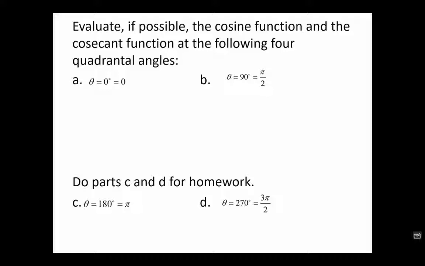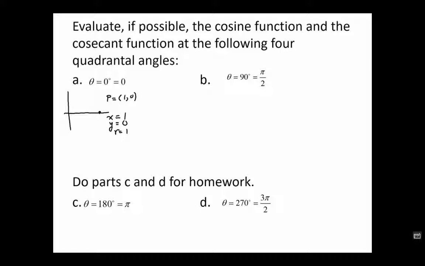So theta is 0 degrees, of course. The terminal side is along the positive x-axis, and our point P has coordinates 1, 0. So x is equal to 1, y is equal to 0, and of course r is 1.